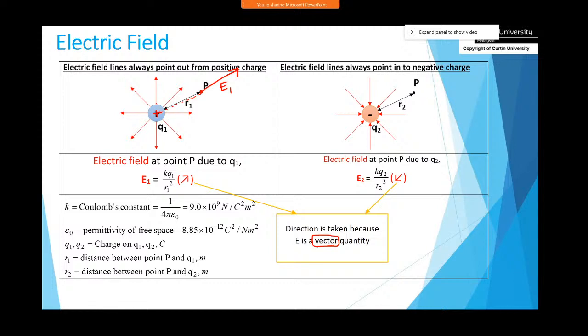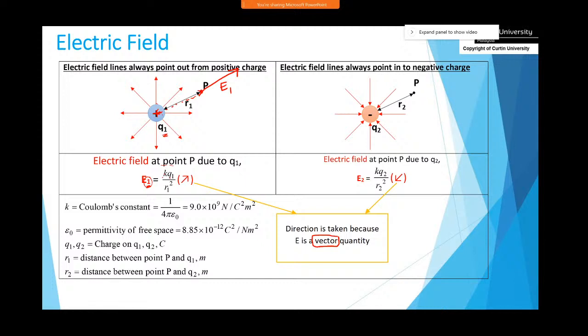To find the value of the electric field, it is given by kq over r squared. You just eliminate the other q because there is no interaction yet. So the electric field generated by this q1 is equal to k times q1 divided by the distance, the distance between your charge and the point that you would like to study.